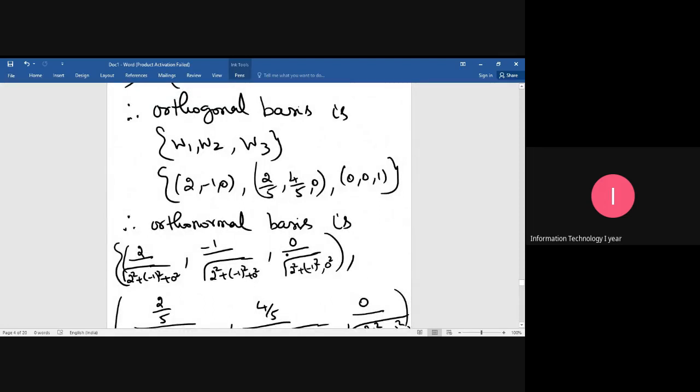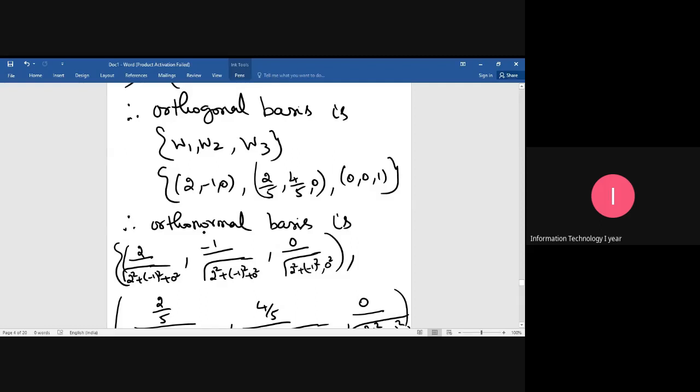So, orthonormal basis by using the Gram-Schmidt orthogonalization process. We just find out W1, W2, W3, W4, everything. In the question, V1, V2, V3, 3 vectors given means find out W1, W2 and W3. Suppose only V1 and V2 are given, then find out W1 and W2 alone. That is enough.